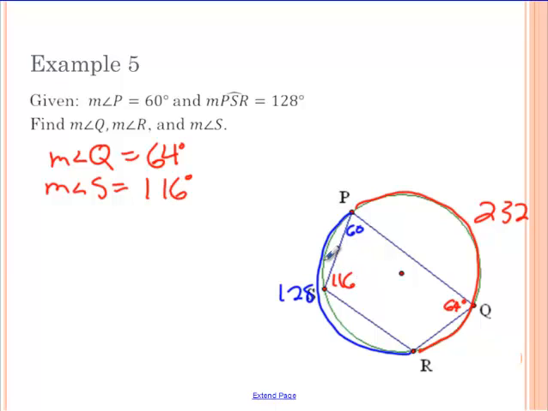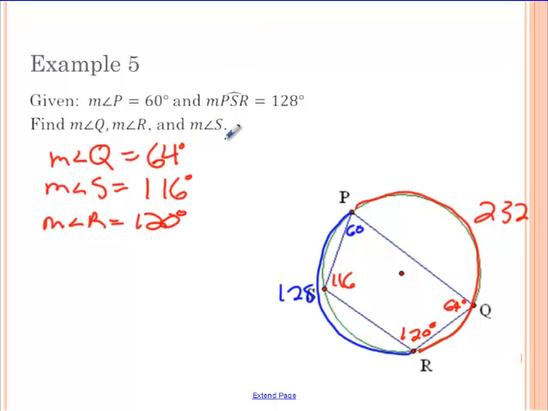Now, since that's 116, I need to look at the fact that it's a quadrilateral, a four-sided shape. So if I take 360, because that's how many degrees are in a four-sided shape, and I subtract 60, 64, and 116, I get that angle R is 120 degrees.